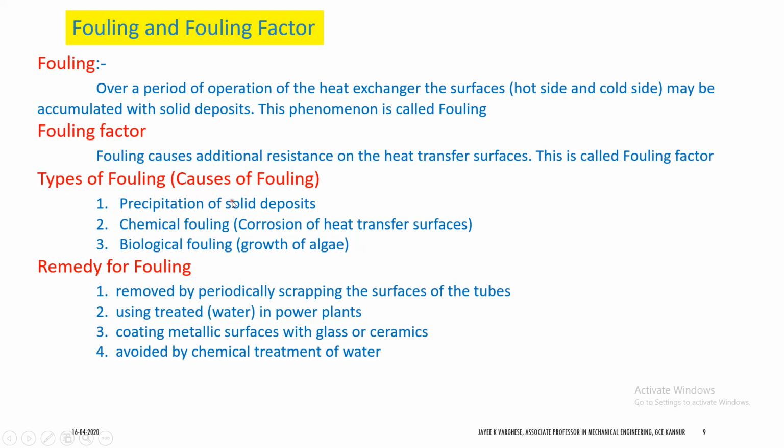The conduction will be through the metallic part, which in most cases is copper, and in other cases it can be steel or something else. In addition to that, due to fouling there will be additional resistance on the surface, and this increase in resistance caused by fouling is called the fouling factor.